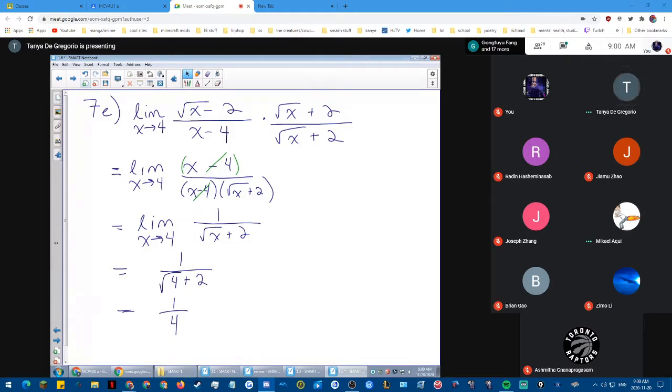Yeah, no problem. Could we go through 5C on page 52? Yeah. So 5C. Give me 1 sec.